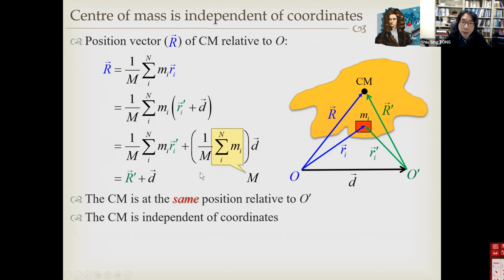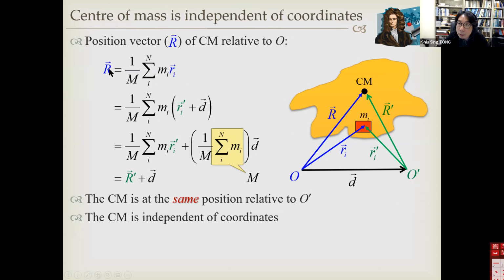Okay. And how about the second term? The second term consists of summation Mi, which is the total mass M. The total mass divided by M is of course 1, and we are left with the D. Okay. So the equation is very simple.